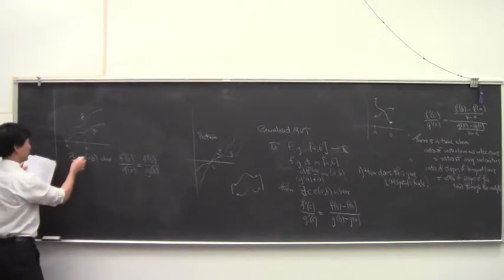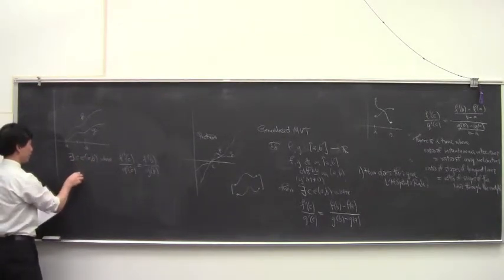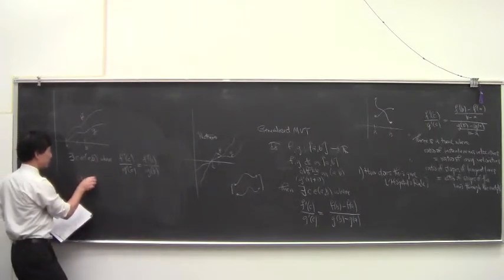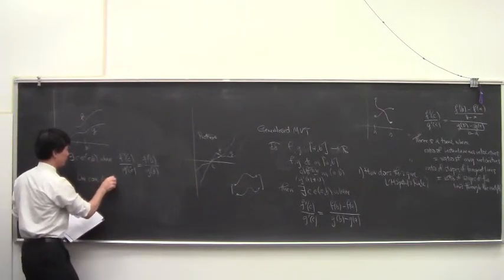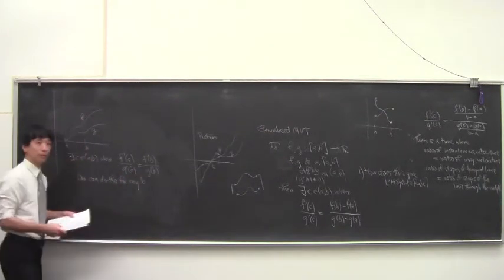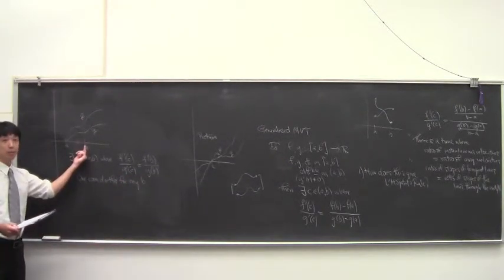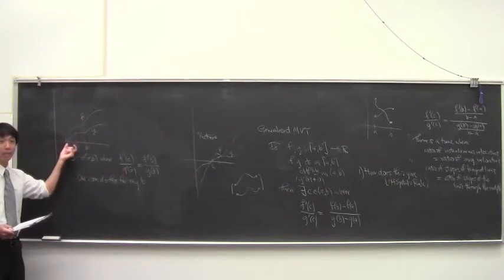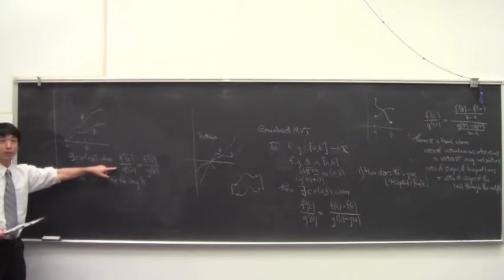Now, one can do this for any b. When I move my b, I'm going to get a new c. Every time I move my b a little bit closer, I'm going to get a c between a and b for which this is true.